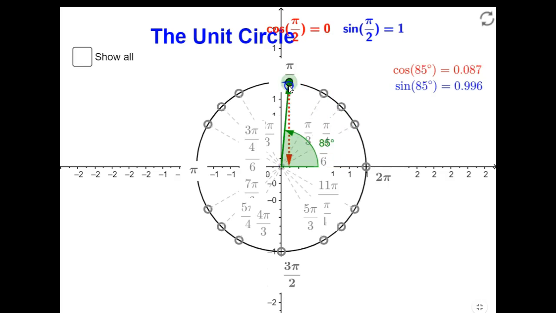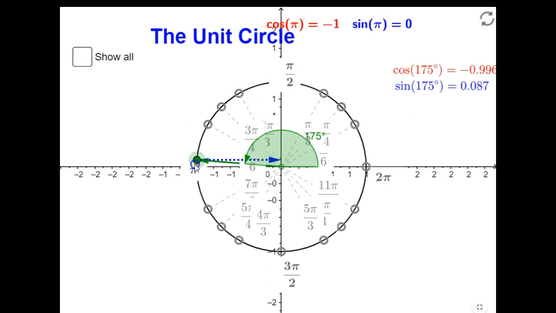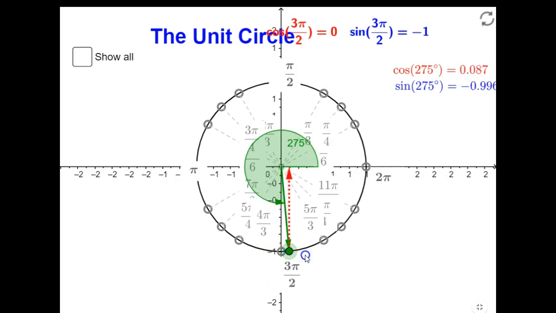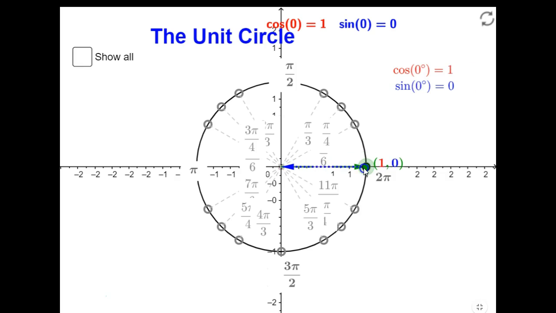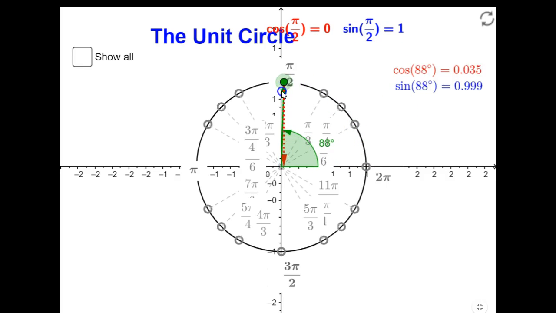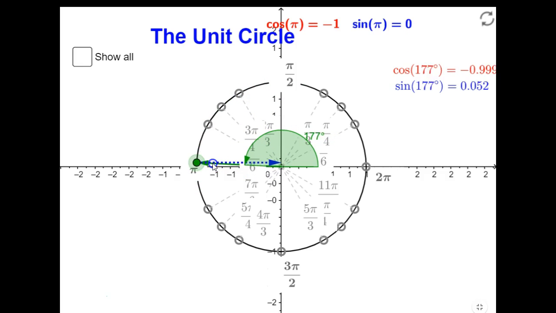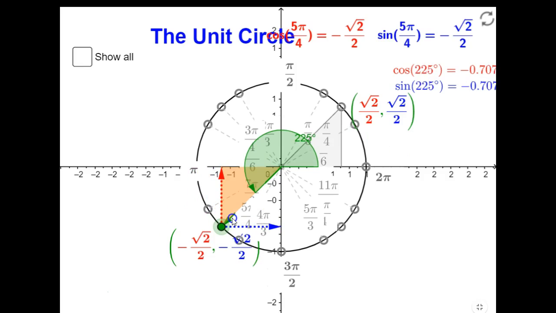So 1 pi over 4, 2 pi over 4, 3 pi over 4, 4 pi over 4, 5 pi over 4, 6, 7, 8 pi over 4, and then I just keep going. 9, 10, 11, 12, 13 pi over 4, which was the same as 5 pi over 4.